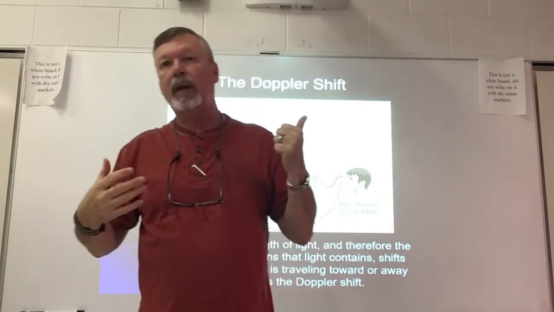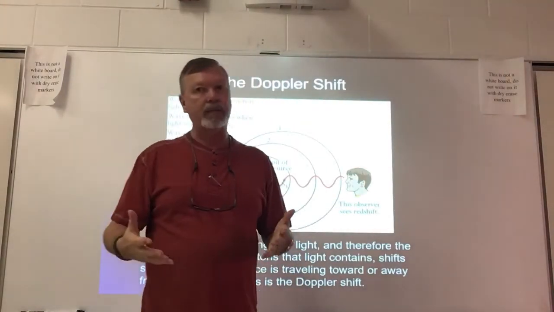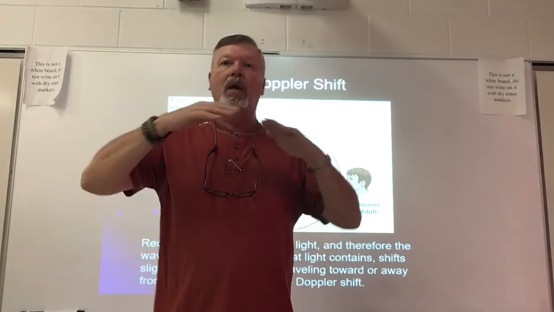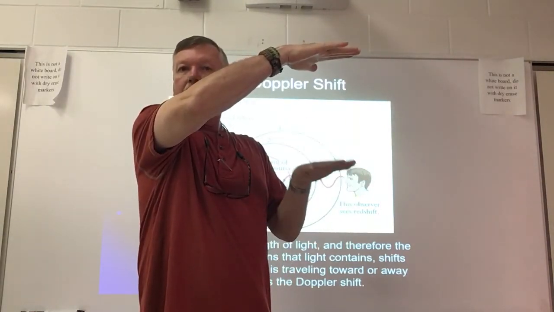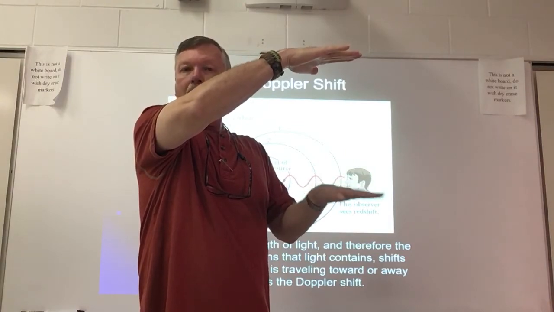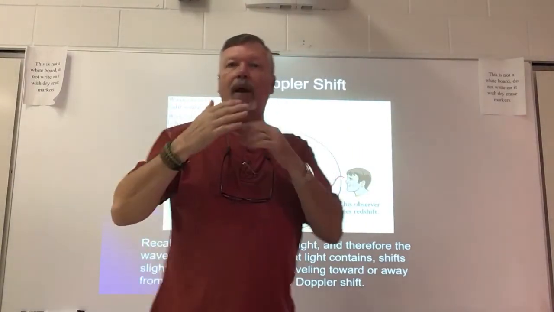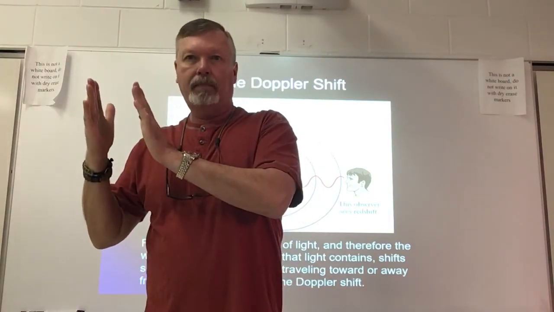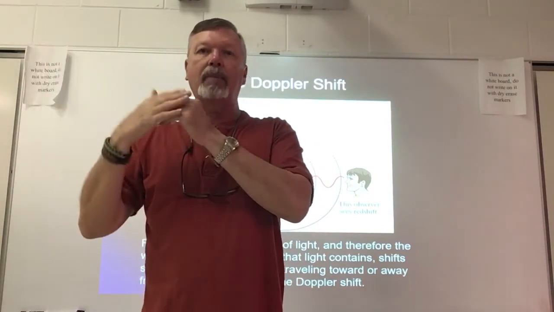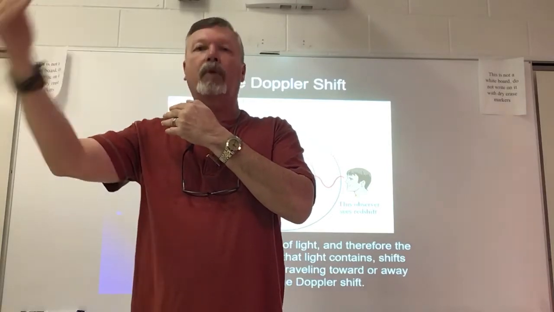Remember, on my electromagnetic spectrum I showed you, and I told you guys to be aware and ready for this. Red was a lower frequency, violet was a higher frequency, longer wavelength, shorter wavelength. So if I'm looking at a red shifted spectrum, that means it's moving away because the wavelengths are longer, the frequency is lower.